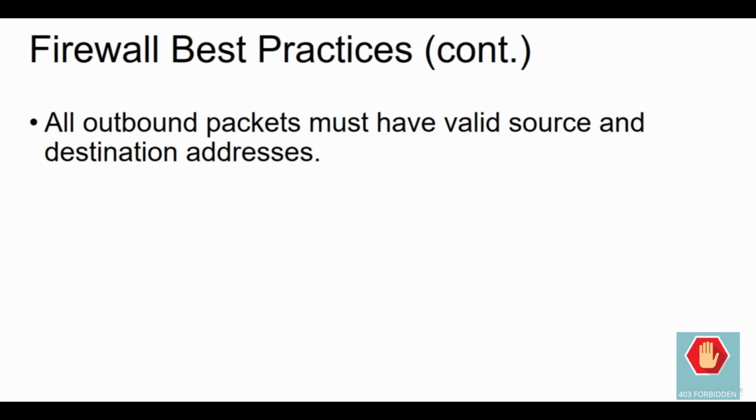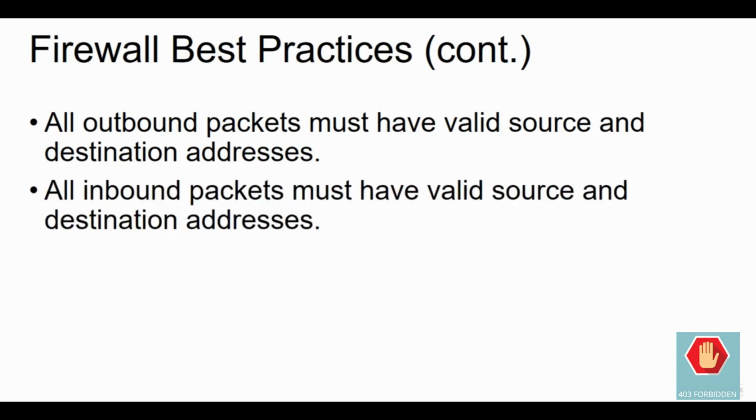Basically, any packet that enters or leaves your network must have a source or destination that falls within the range of addresses that are appropriate for that packet. The same restrictions apply to inbound packets. Any inbound packet must not have a source address that is in your network. Any inbound packet must also have a destination address that is in your network.